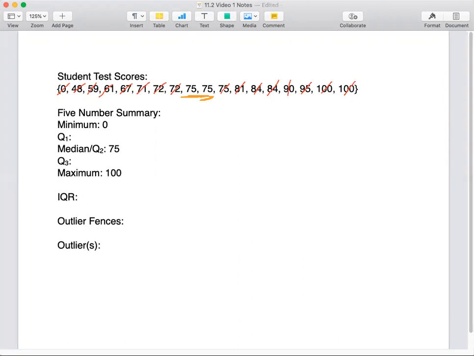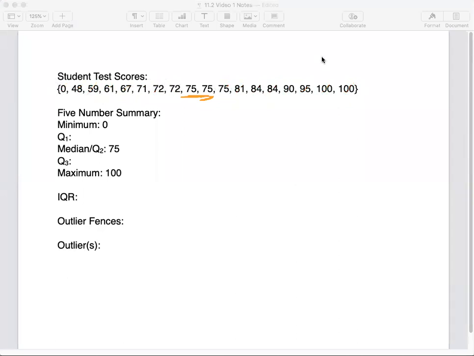So we're going to calculate our Q1 and Q3 using pretty much the same method we just did. So, 75 and 75. One of the 75s is going to belong to the upper half of the data set, and one of the 75s will belong to the lower half.